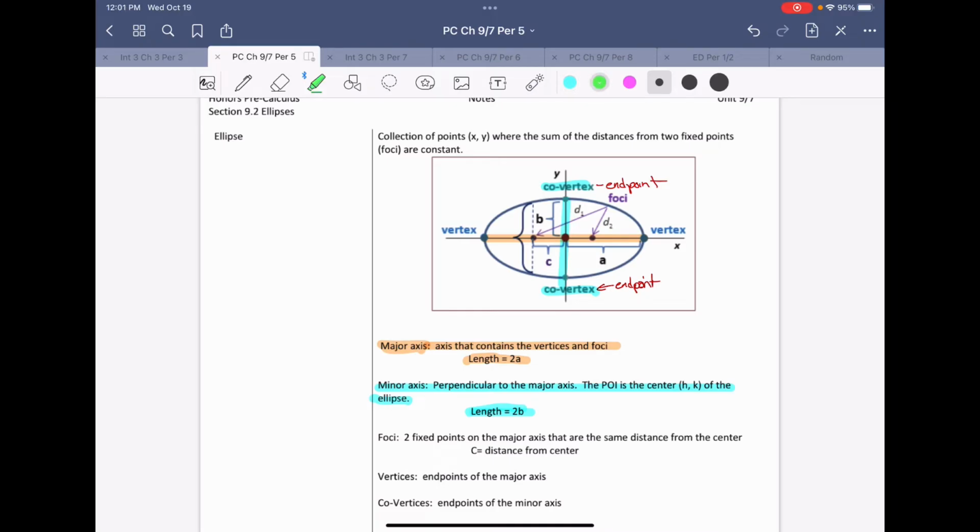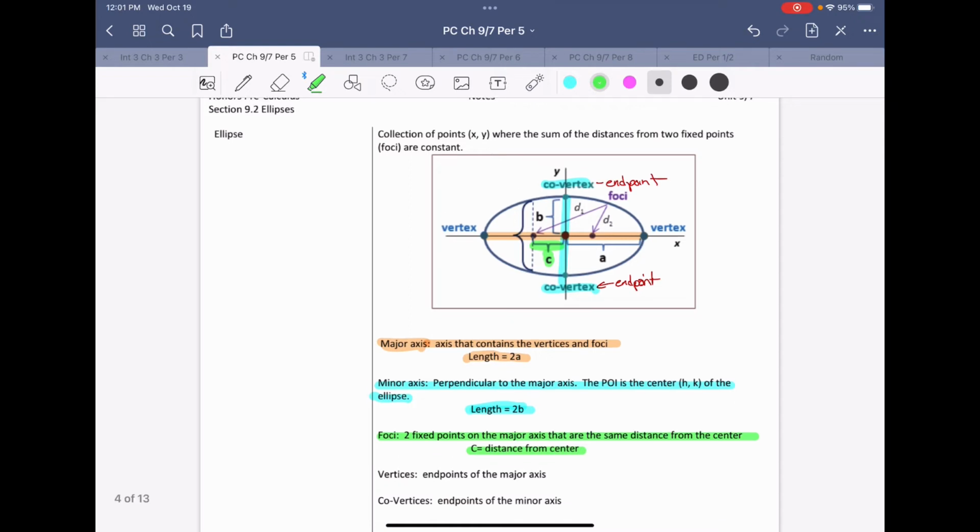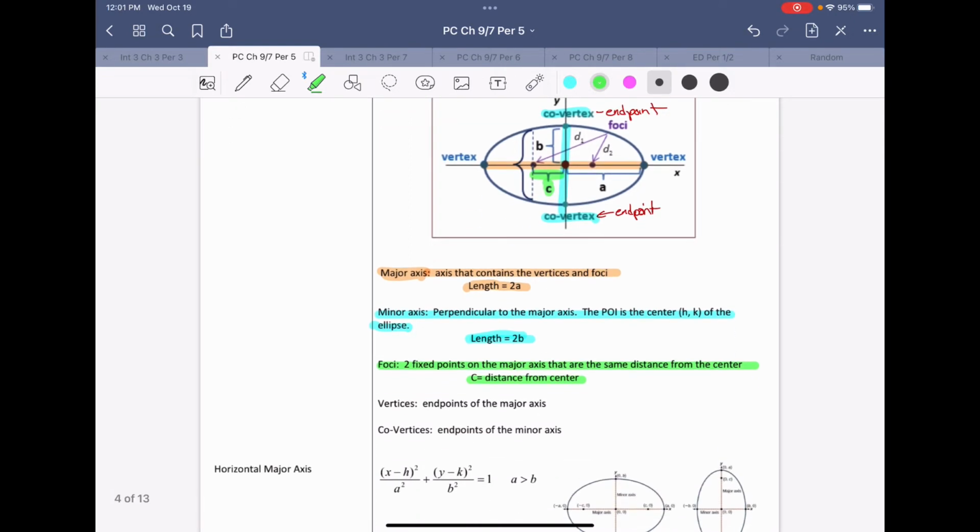The foci are 2 fixed points on the major axes. They're the same distance from the center, and C is that distance from center. So the foci, just this distance, is C. And we're going to do some stuff with C down below in a second. Vertices are the endpoints of the major axes. Co-vertices are the endpoints of the minor axes.